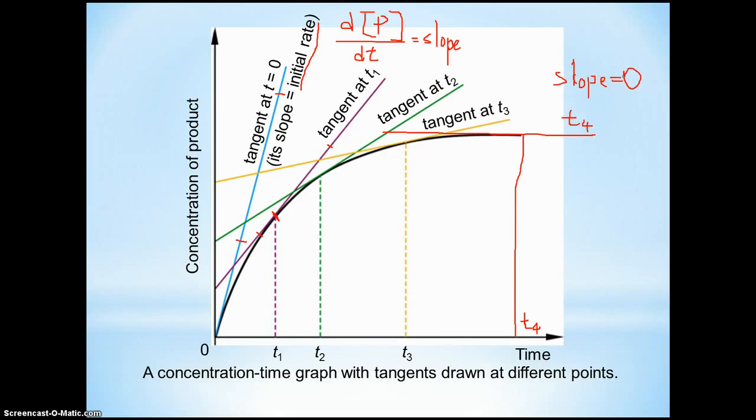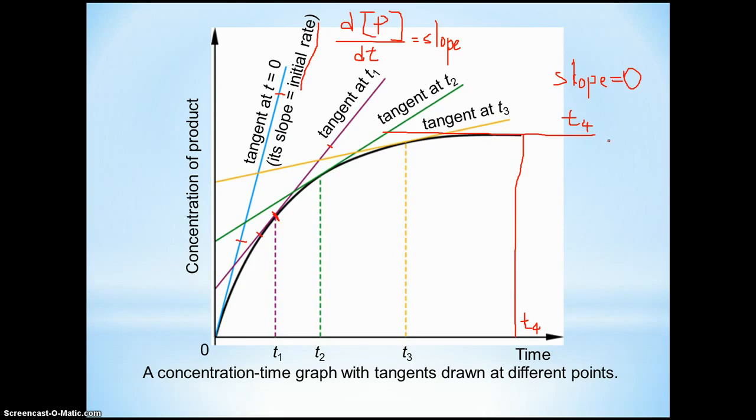So we will notice the rates of the reaction can be calculated like this. At the very beginning, the slope, that means the rate of this chemical reaction, is very fast. But soon it becomes slower, slower, slower, and eventually it gets to zero.